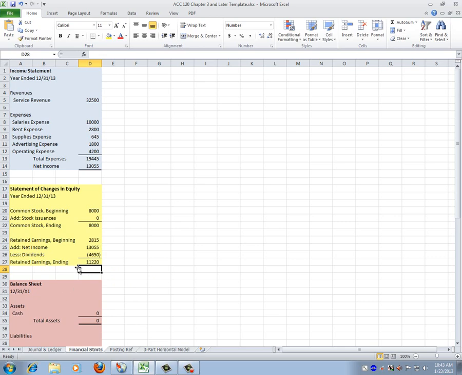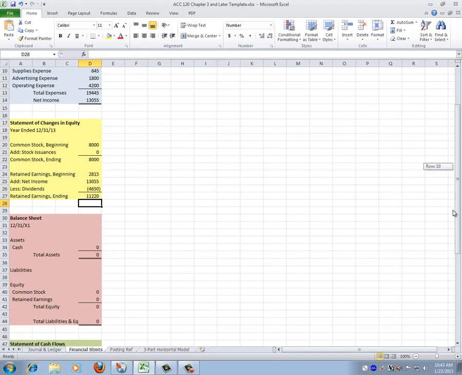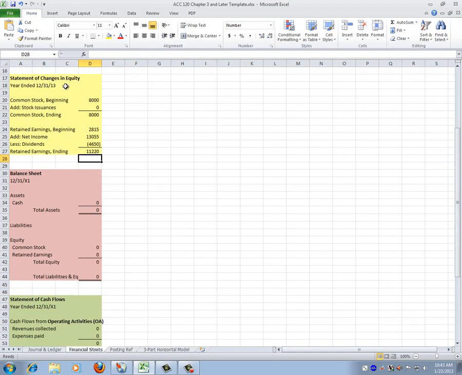So our true ending retained earnings are the beginning plus the net income less the dividends, to finish at a true ending 11,220. And that's the reason we needed to do this statement of changes in equity just before the balance sheet, so that we'll have the correct ending retained earnings, because that's the one account not yet updated in the books at this point, remember.